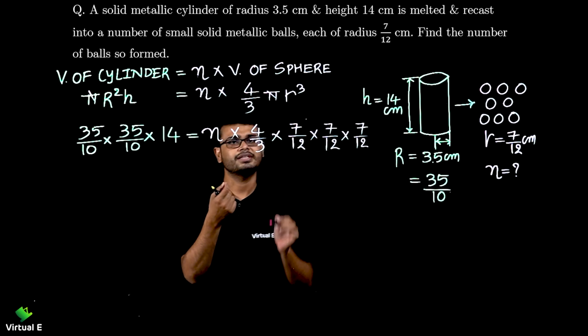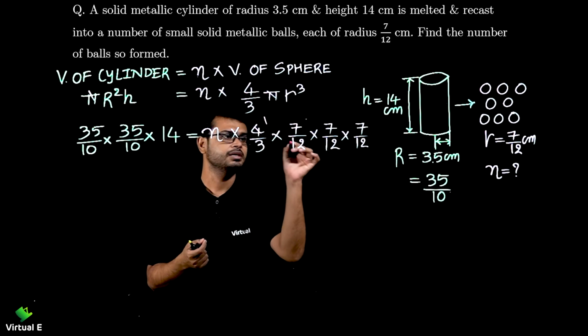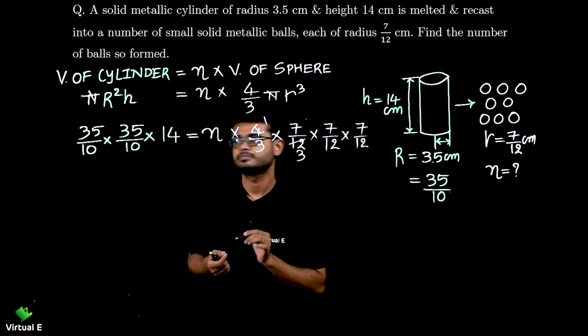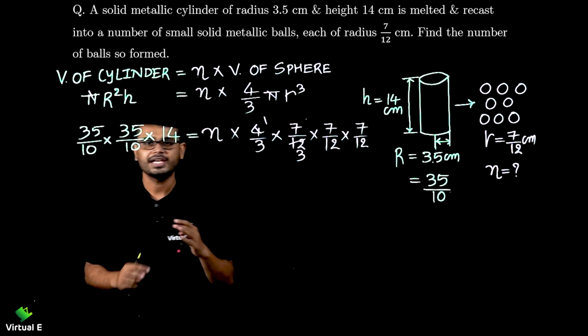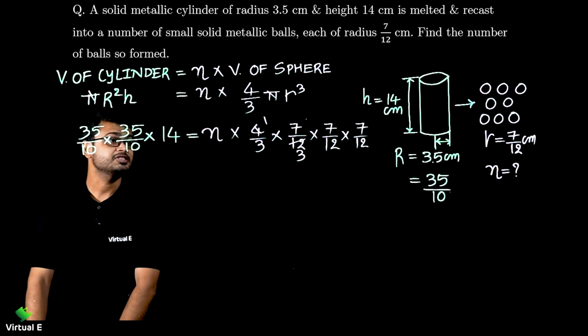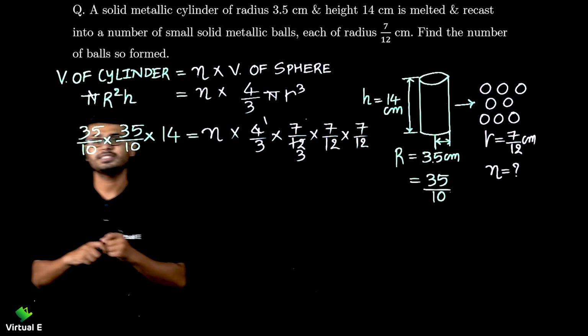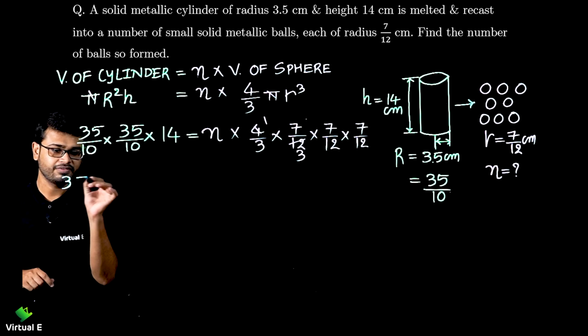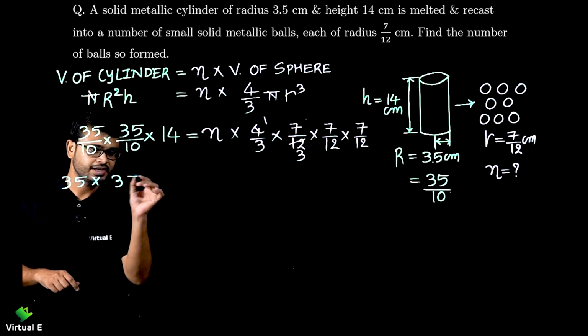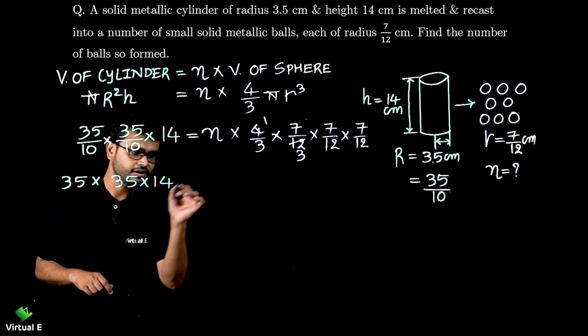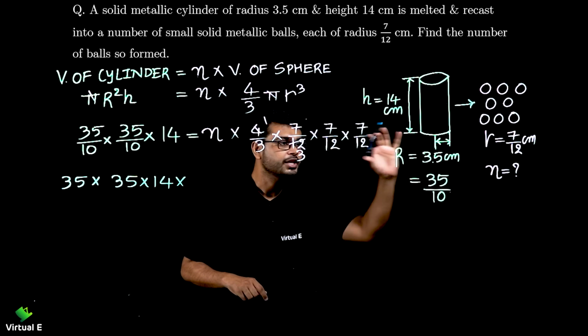Can we do cancellation? I think yes. So let's bring all these numbers on one side and then we'll do the cancellation. First of all, this number will be as it is. 35 into 35 into 14, and what will be coming from the denominator?